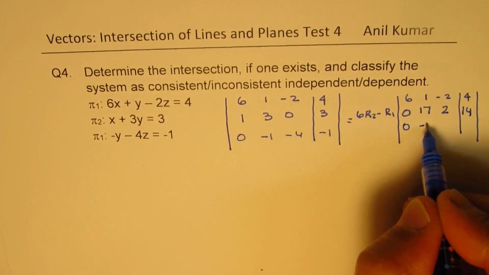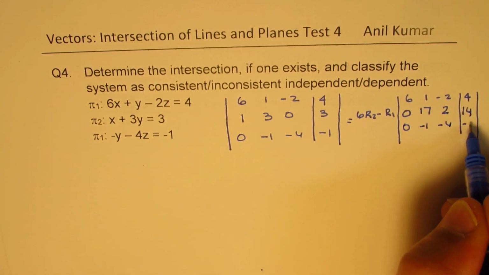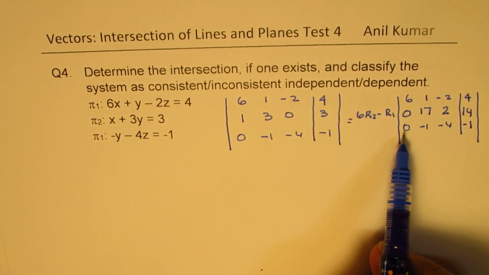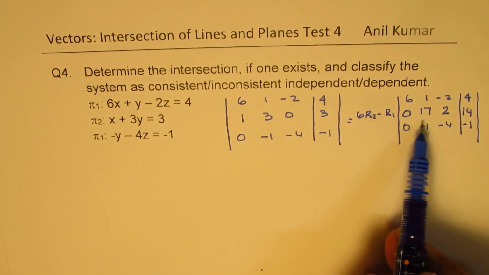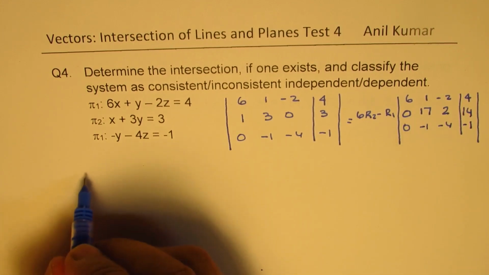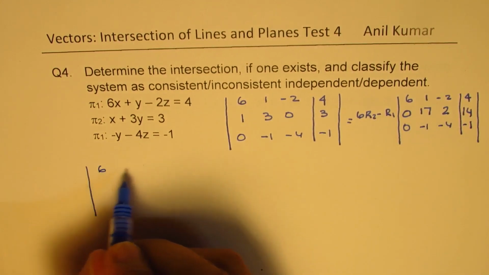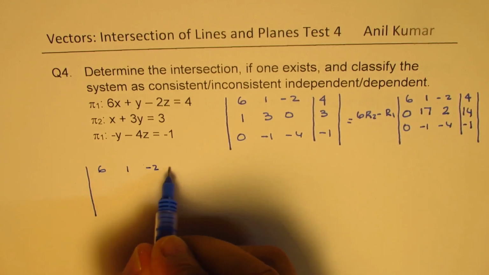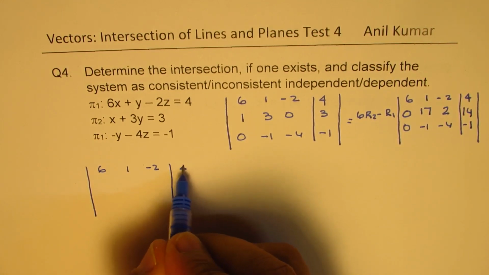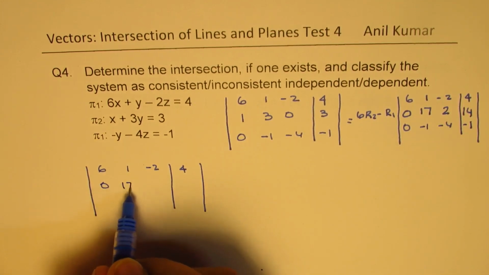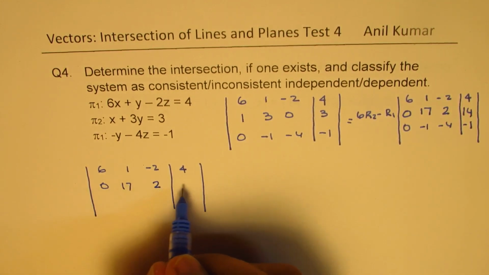And here we have 0, minus 1, minus 4, minus 1, correct? Now to get this as 0, we can multiply R3 by 17 and add it to R2, right? So we'll keep the first row as such, which is 6, 1, minus 2 and 4, right? The second one also same, we already have 1, 0 there.